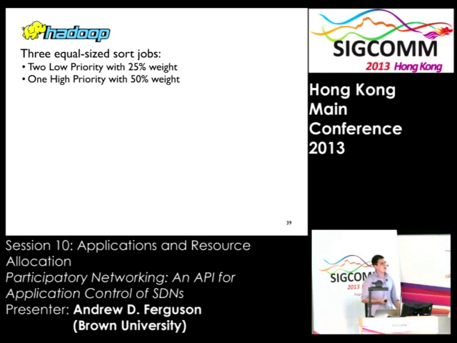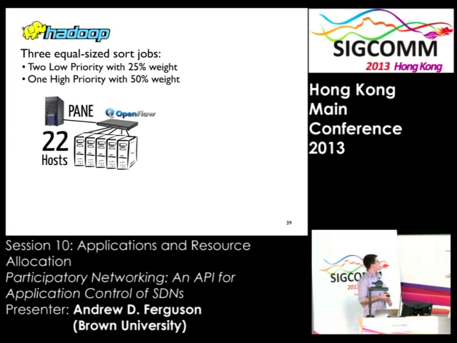So in Hadoop, we ran 3 sort jobs which communicate in an all-to-all fashion. 2 of these jobs were provided with 25% of the cluster resources, and the third high-priority job was provided with 50%. Our network consisted of 22 hosts, 20 Hadoop slaves plus 2 masters, connected in a star configuration to a hardware OpenFlow switch.